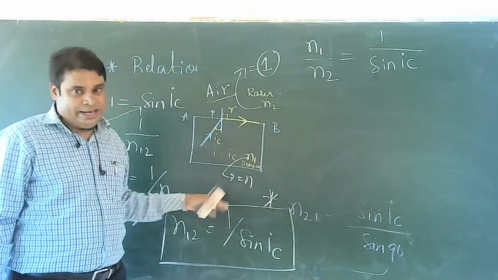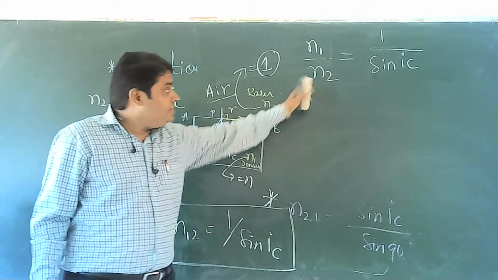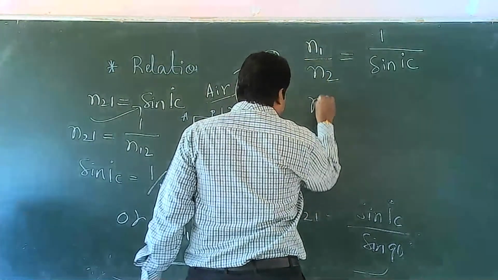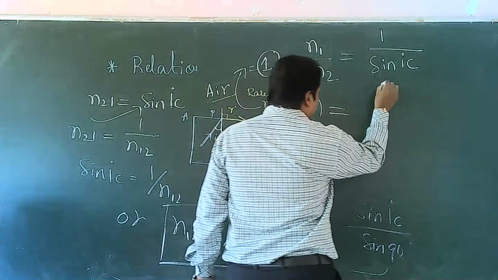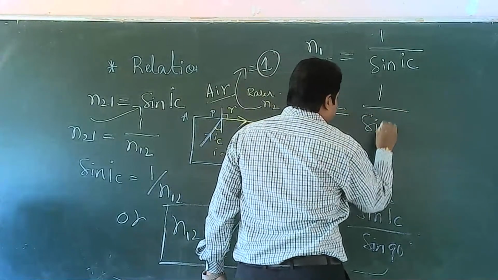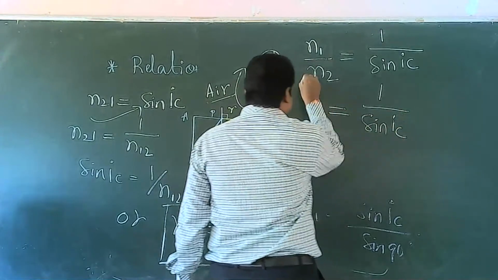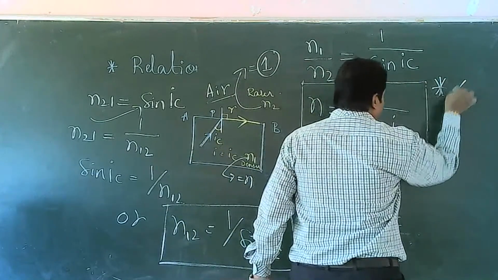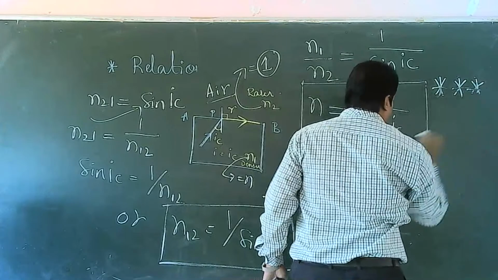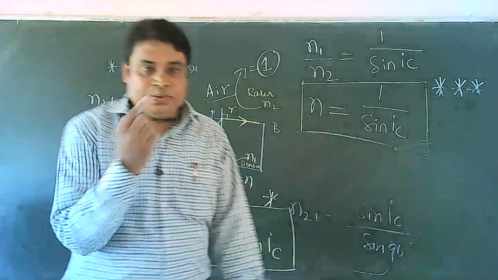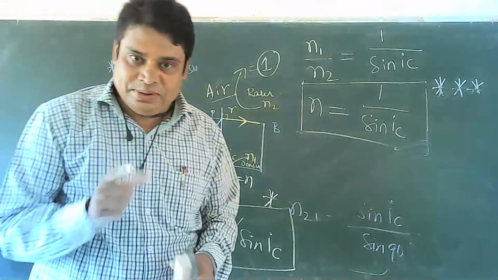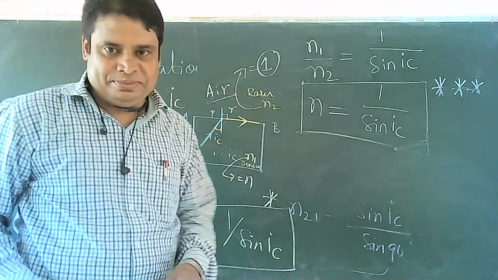Automatically this will be N. So in place of N1, let me write N is equal to 1 divided by sin IC. We usually use that equation in that form.